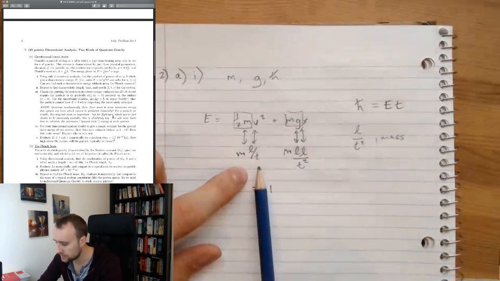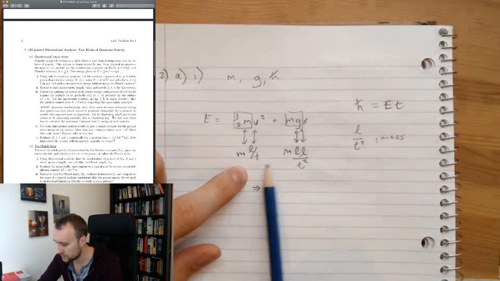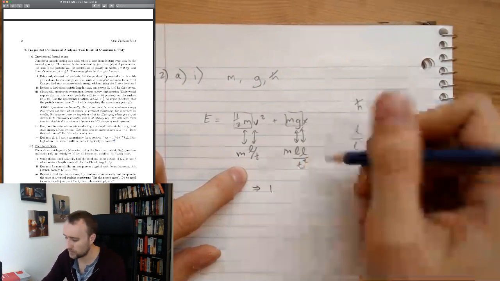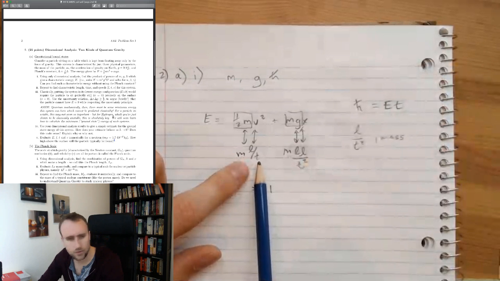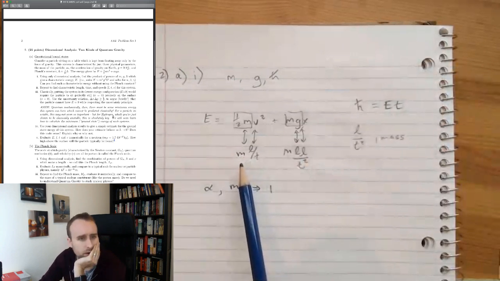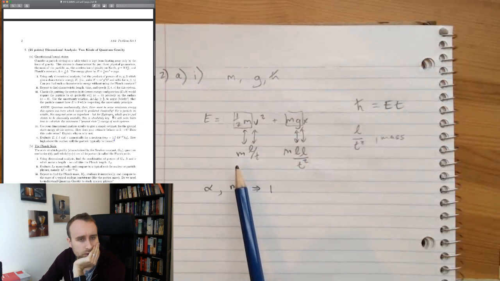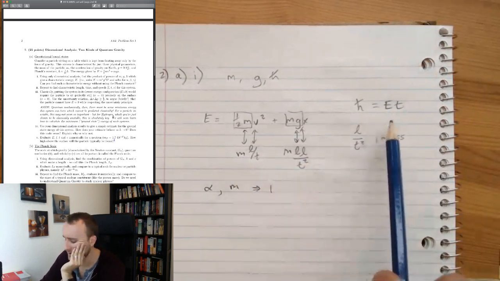This is length times time, and this is length squared time squared. So are we trying to solve the problem by saying energy should be roughly equal to length time? This is energy time.